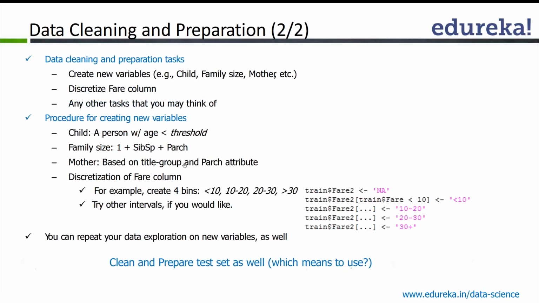And there are a lot of other things, like some of you already pointed out, you can add new variables or features into the data. Okay, like here I can add a new variable called isChild, which tells you yes or no, whether that particular passenger is a child or not, and what is the family size of that particular person.